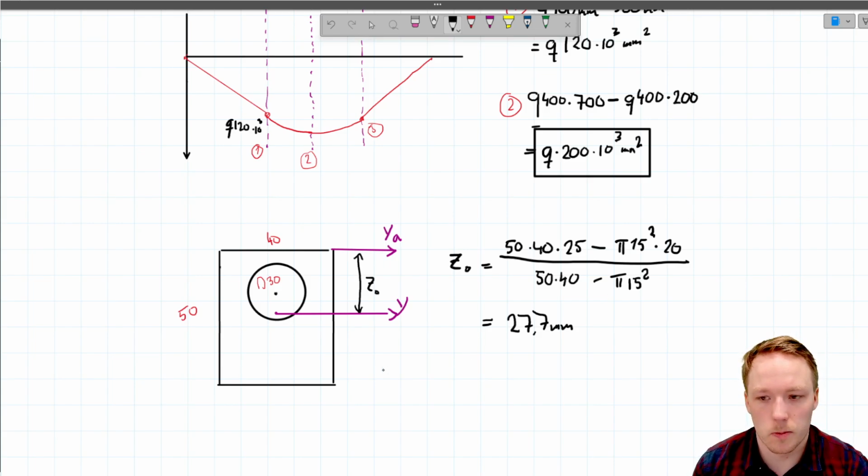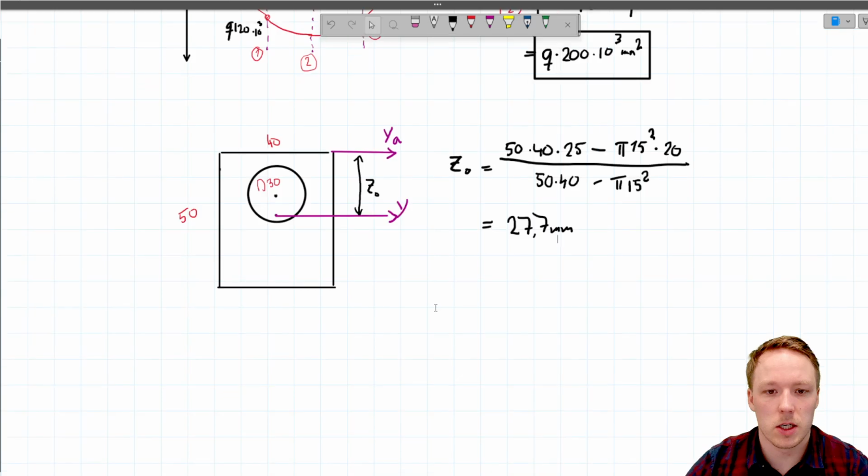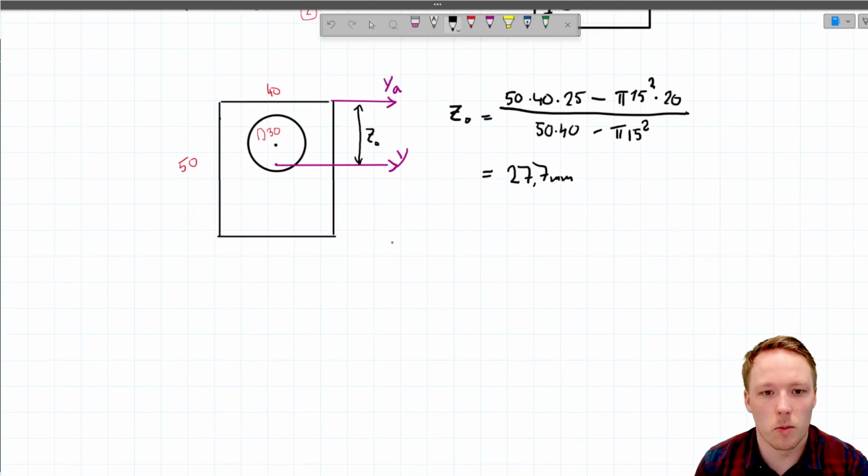Next, what we need to do is solve the second moment of inertia of this profile around the y-axis, Iy.